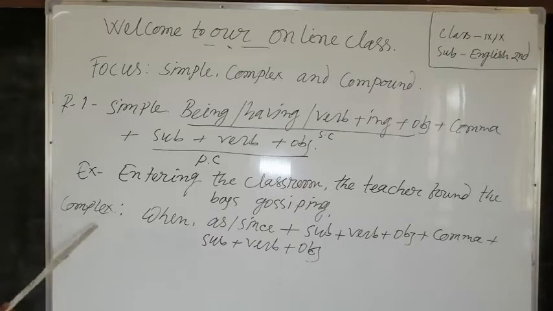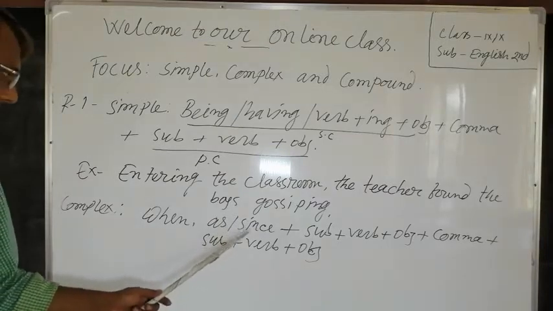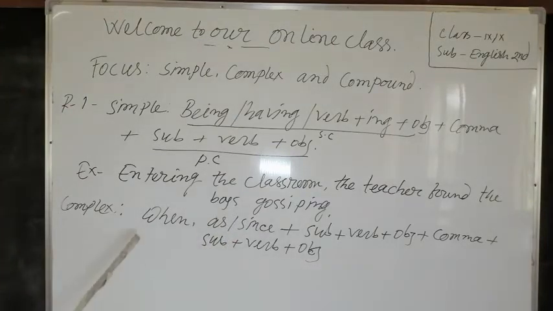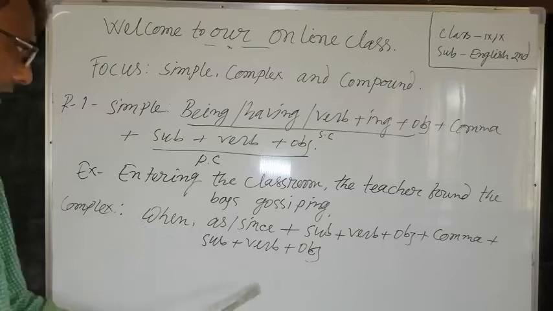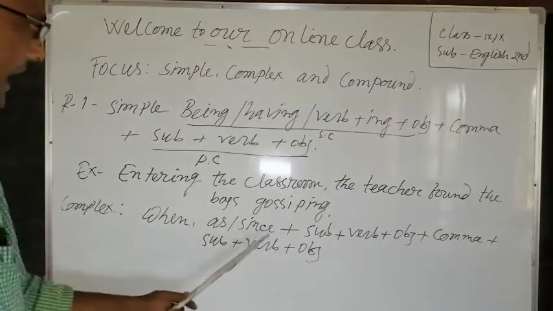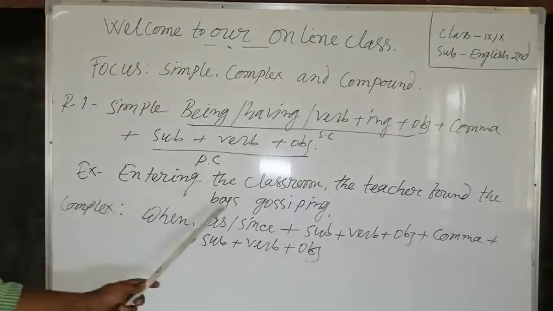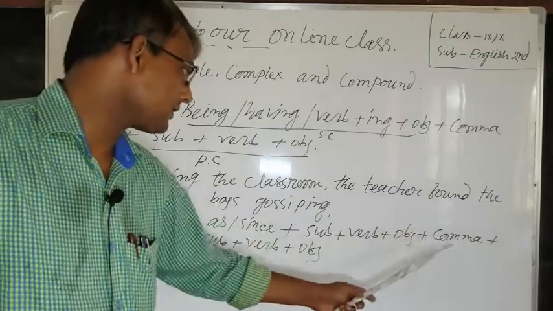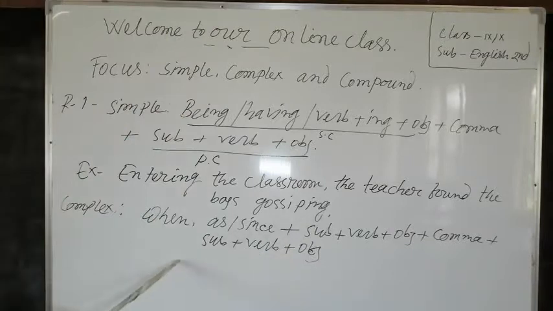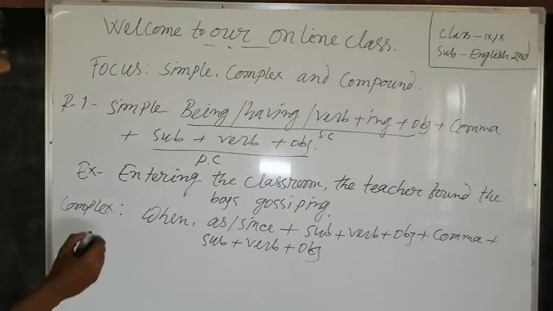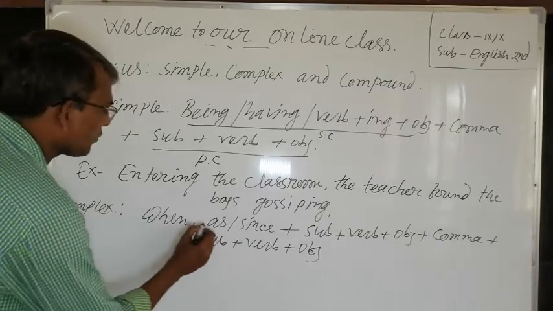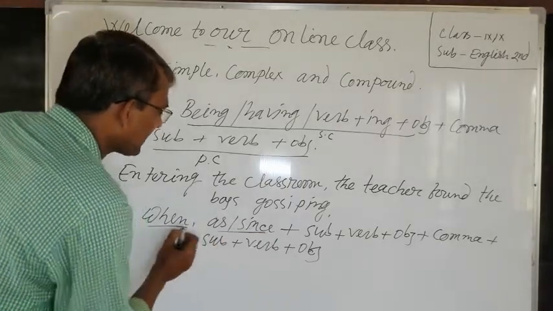If we want to change it to a complex sentence, at first we have to use when, as or since as a subordinating conjunction. Then subject, verb, object, comma, subject, verb, object. The first one is when or as, since.